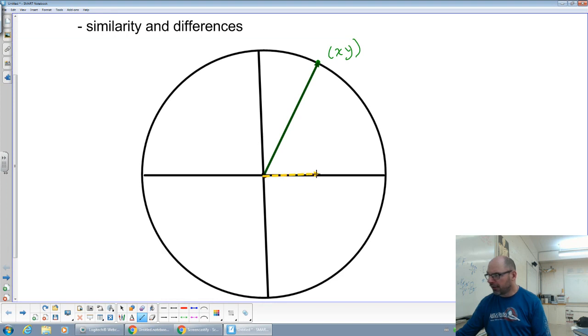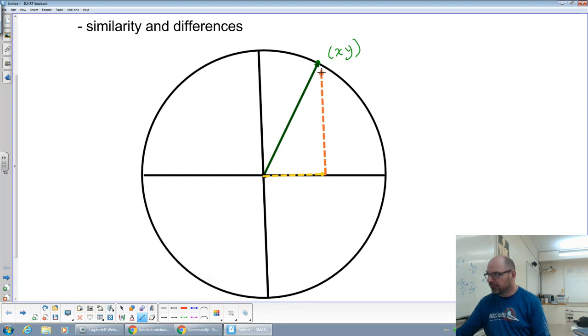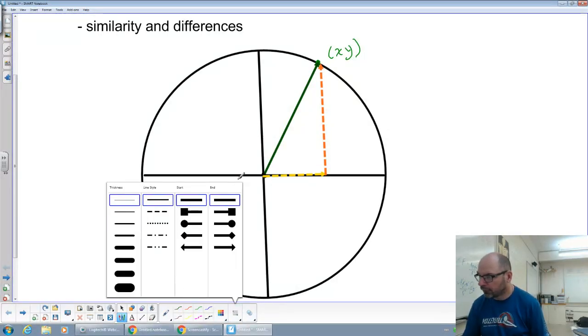We can project right along the x-axis to where that dot would be, approximately there, and that would be our x part. Then we can do the same thing, projecting upwards. This would be our y. Here we have an angle, we'll call it theta.